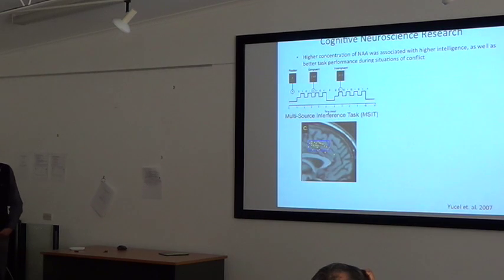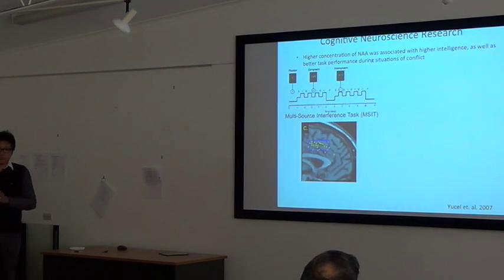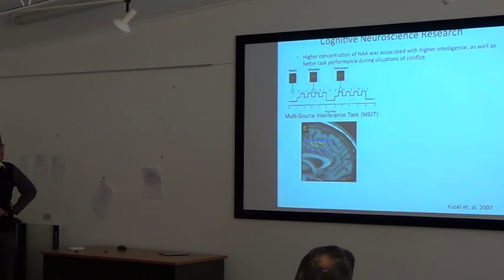When it comes to cognitive neuroscience research, NAA is usually the most interesting thing, because a high concentration of NAA was always associated with higher intelligence, as well as, during situations of conflict, with better task performance.